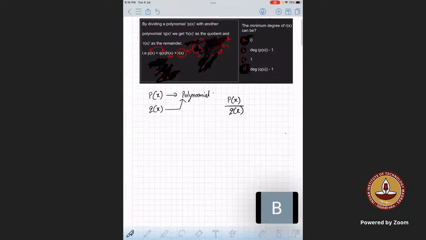By dividing a polynomial p of x by another polynomial q of x, we get h of x as the quotient and r of x as a remainder.